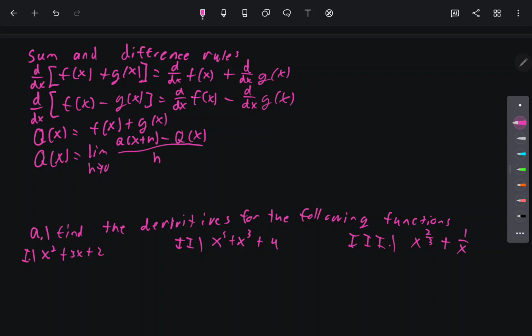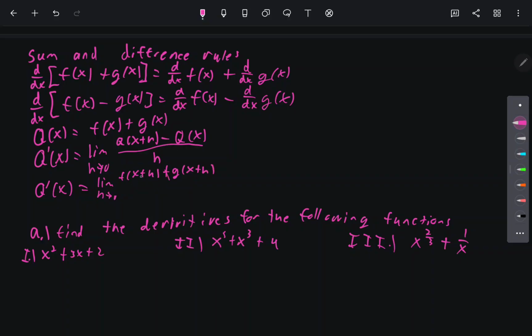Well, we can expand this out, so we get q prime of x, really, this is what that needs to be called. Q prime of x is equal to the limit as h approaches 0 of f of x plus h plus g of x plus h.